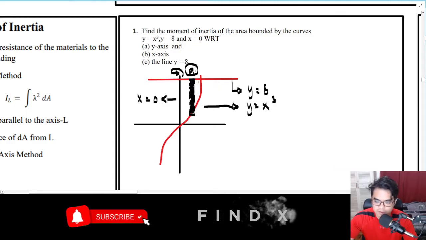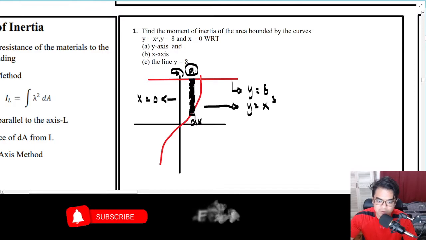For this strip method, the width will be your dx, the upper part will be your y2, and the lower part will be your y1.